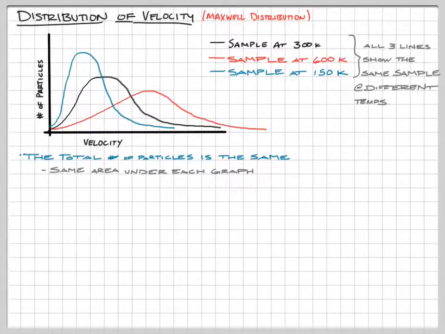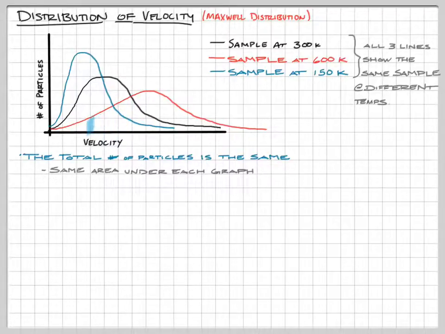So, same total number of particles means the same area under each graph. What this graph shows me is that, say, right here, at that speed, I have a certain number of particles. So if I were to take each different velocity and add up the number of particles under each velocity, that would represent the area under that curve.